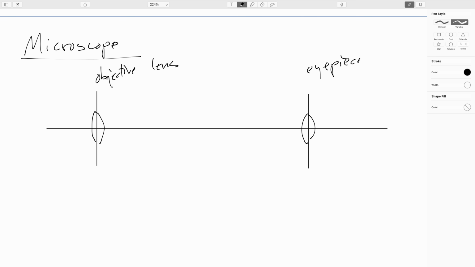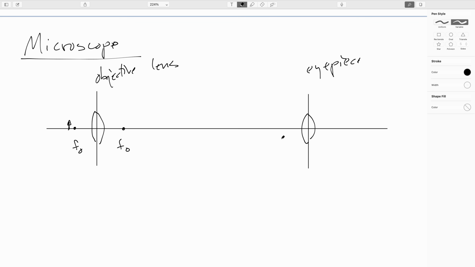Now, what you're going to do is park the object just outside the focal point of the objective. Since it's just outside, this will be case 2, which will give us a real inverted and magnified image.